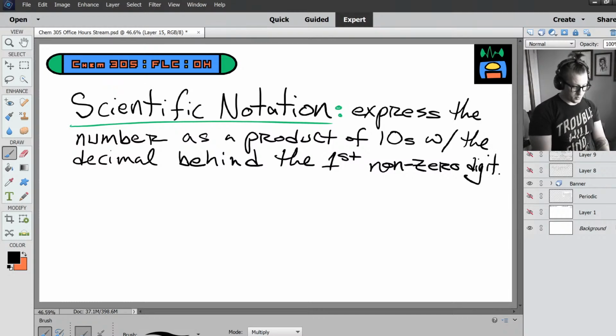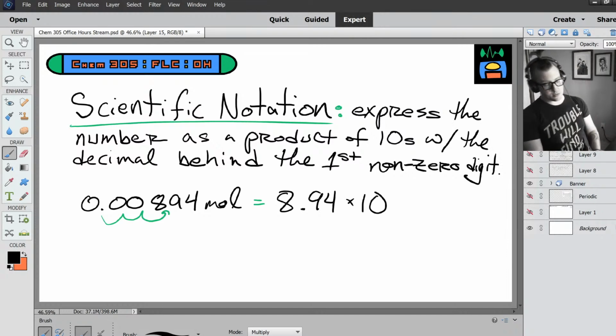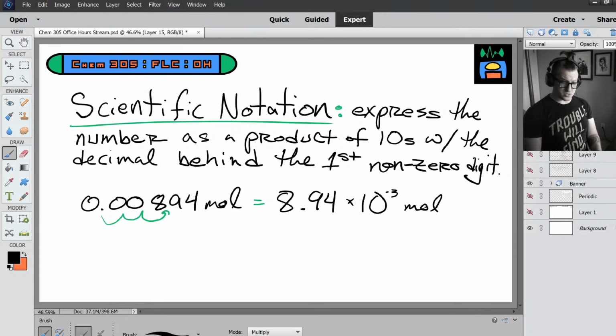So if, for example, we had 0.00894 moles, to express this in scientific notation, we have to bounce this decimal place back so that it's behind the first non-zero digit. Then we multiply times 10, and since we rolled it back 3, 10 to the negative third moles, for example.